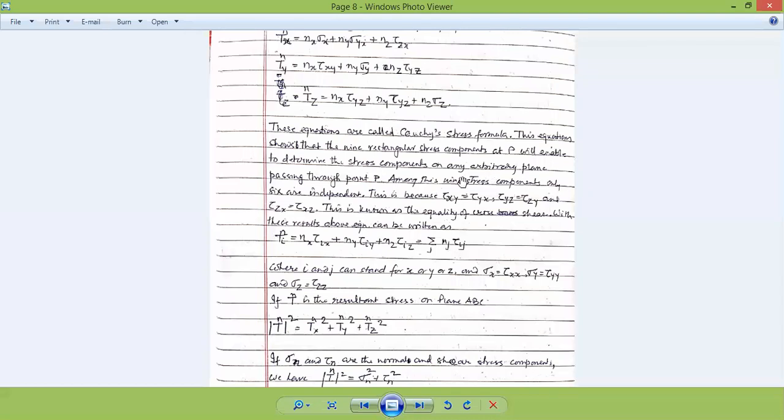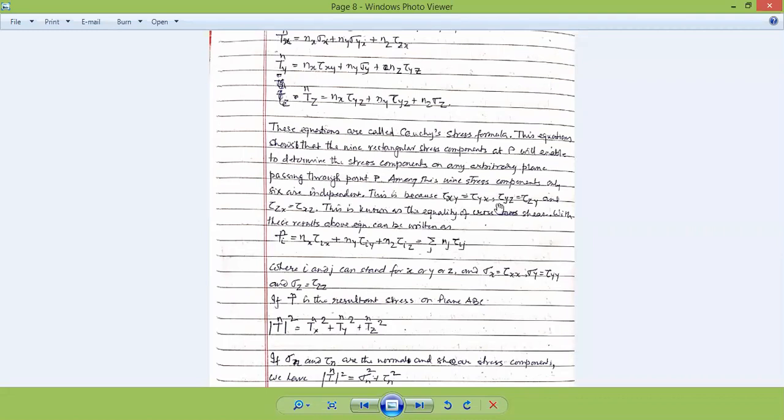Now, among these 9 stresses, we know there are 6 independent stresses: sigma x, sigma y, sigma z. These are 3, and the other 3 are tau xy equal to tau yx, tau yz equal to tau zy, and tau zx equal to tau xz. These 3 pairs of stresses are equal, and so altogether there are 6 unknown stresses.